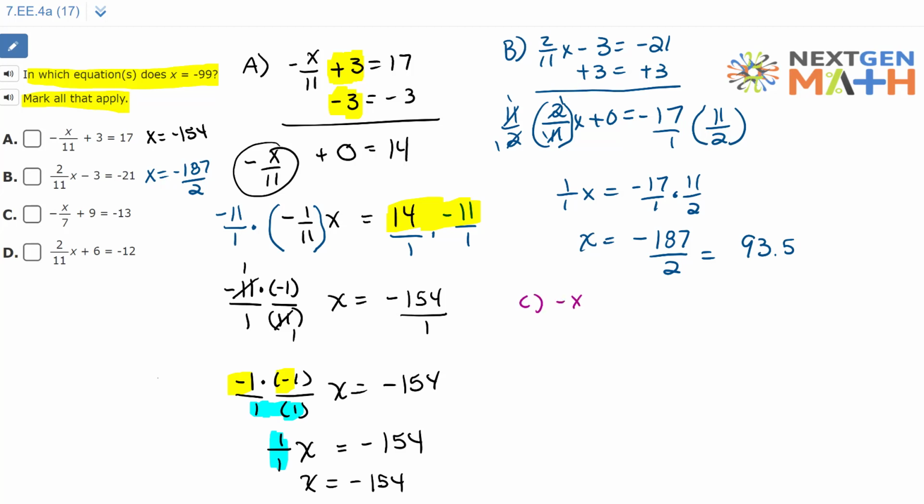We have negative x over 7 plus 9 equals negative 13. Again, we'll rewrite this equation as negative 1/7 x plus 9 equals negative 13. We'll add 9 to each side, so negative 1/7 x equals negative 4.